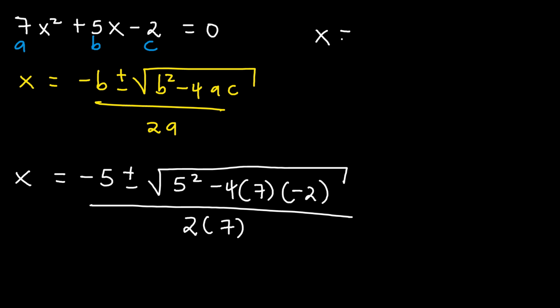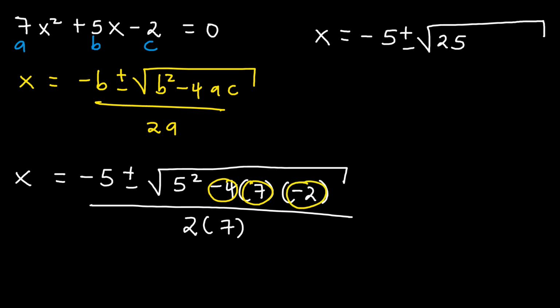And so x will be equal to negative 5 plus or minus the square root. Now 5 to the power of 2 is 25. And then negative 4 times 7 gives us negative 28. Negative 28 times negative 2 gives us positive 56. So this will be plus 56, and then divided by 2 times 7, which is 14.